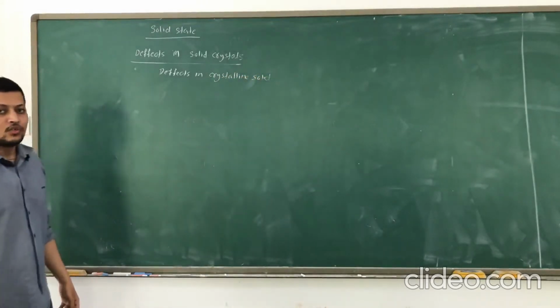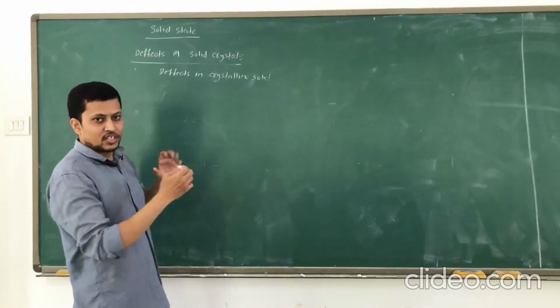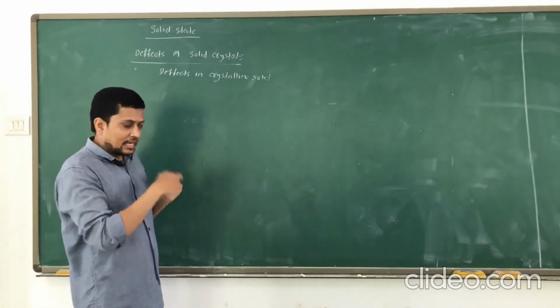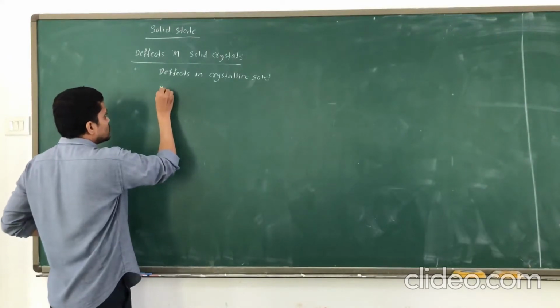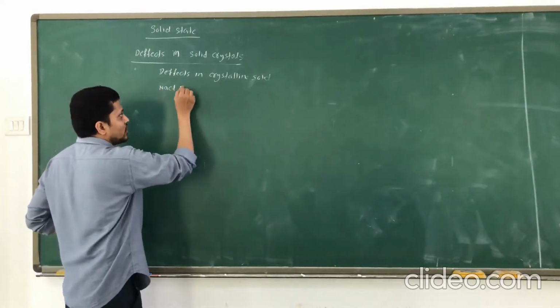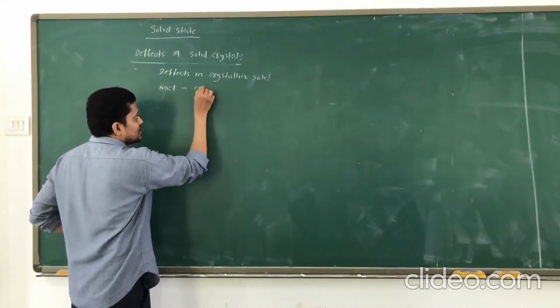Whenever we are going for the solid structure of a given compound, for example NaCl, sodium chloride, it is a crystalline solid.